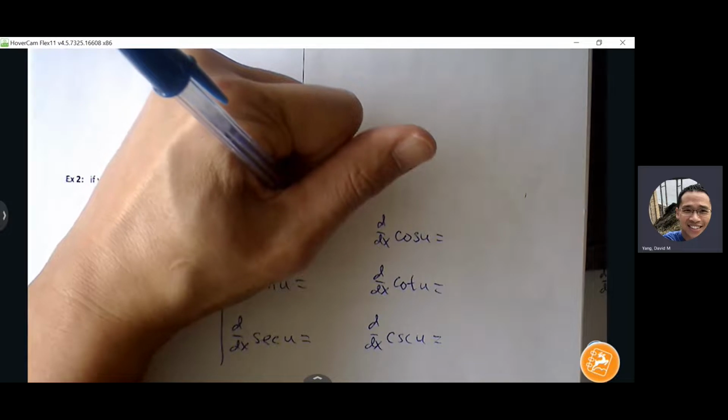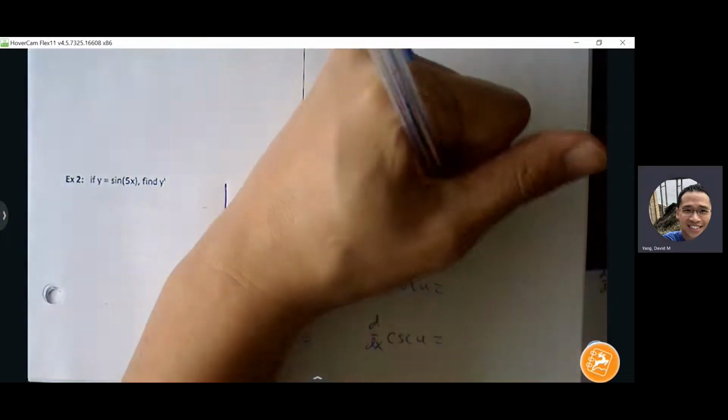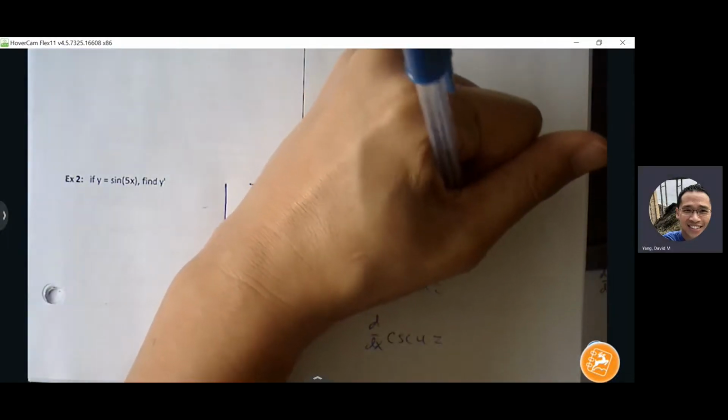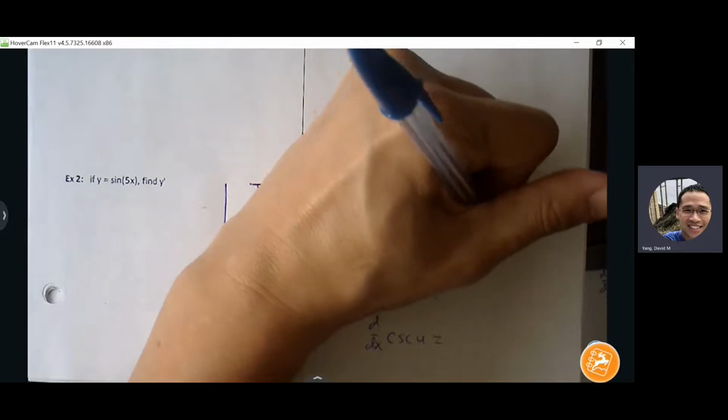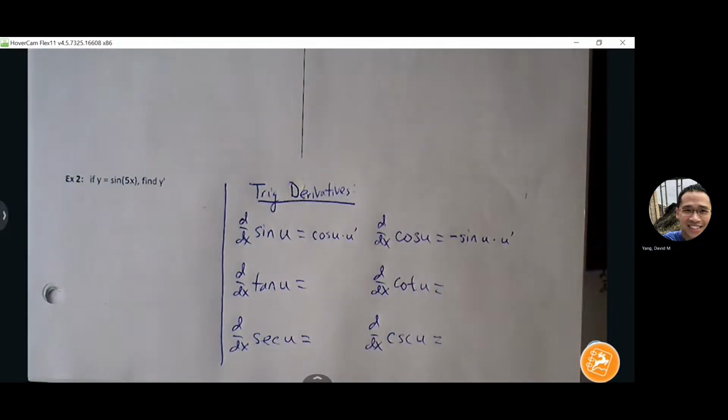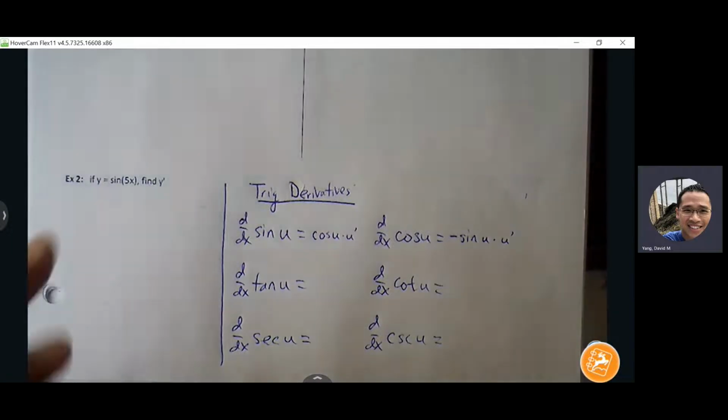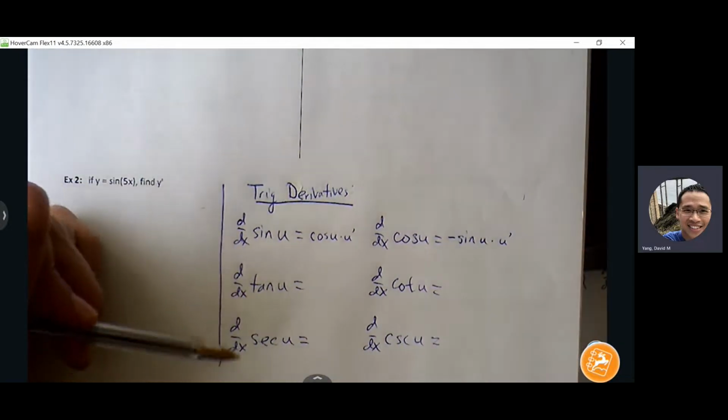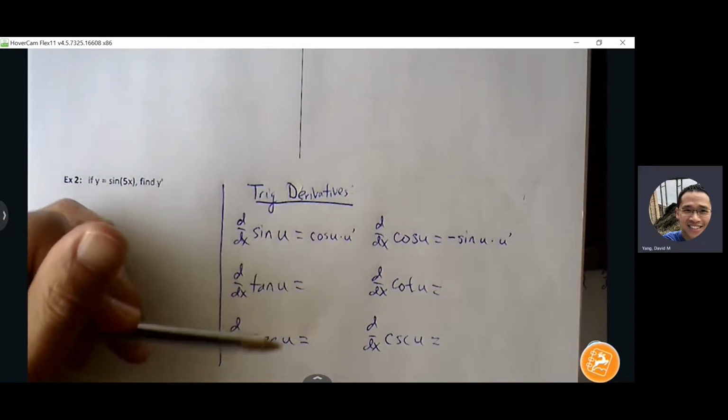So the parent ones, let's go ahead and write those down. Cosine is just cosine of u times u prime, and cosine's derivative is just negative sine of u times u prime. So those are easy, right? They're just involving each other, just cosine has a negative sign. Now tangent and secant, their derivatives basically involve each other.